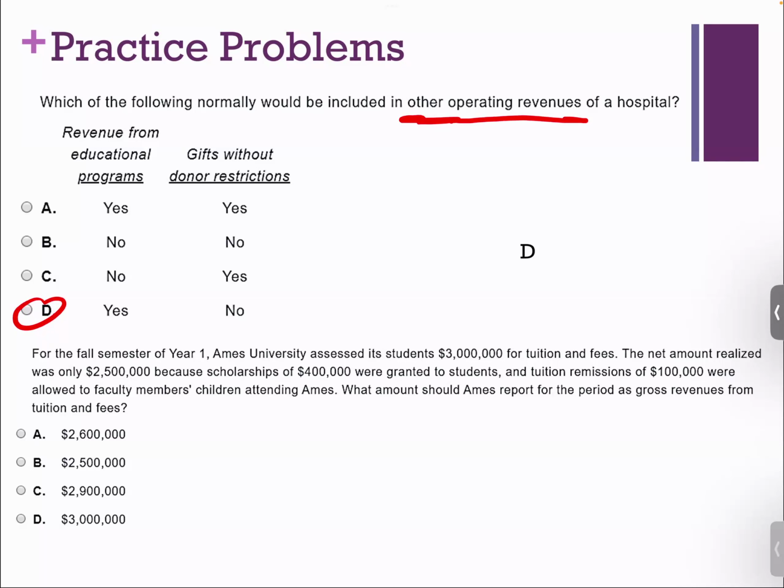What amount should Ames report for the period as gross revenues from tuition fees? Okay, so $3 million. And remember, the only thing we subtract from that is if we have to reimburse tuition and fees, like if you cancel class or they drop classes or whatever within the drop period. So the $3 million, these two things are going to be recorded as expenses or allowances. So it's $3 million.